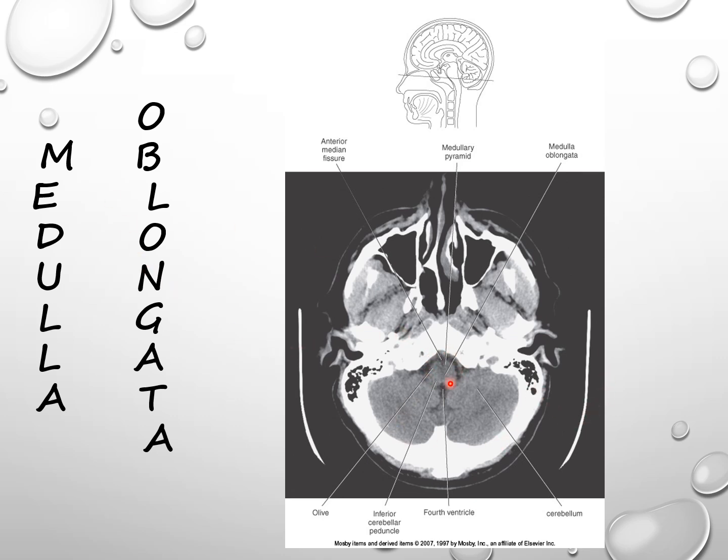It says olive, but basically this is like the pons. And remember, the medulla oblongata is just an extension of the pons for the brainstem. Here we have our fourth ventricle located in the brainstem area. Yeah, it says olive, but it basically kind of looks like an olive. I'm not sure if that's just a typo or not.